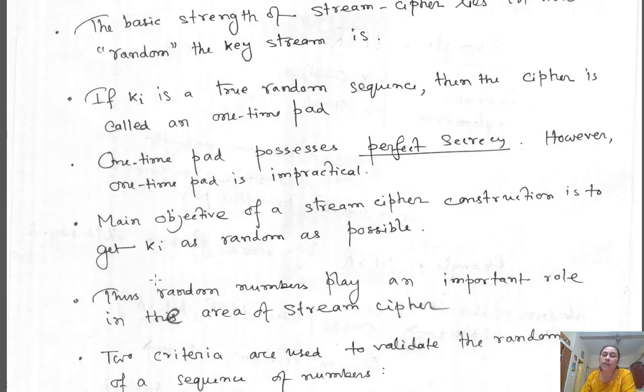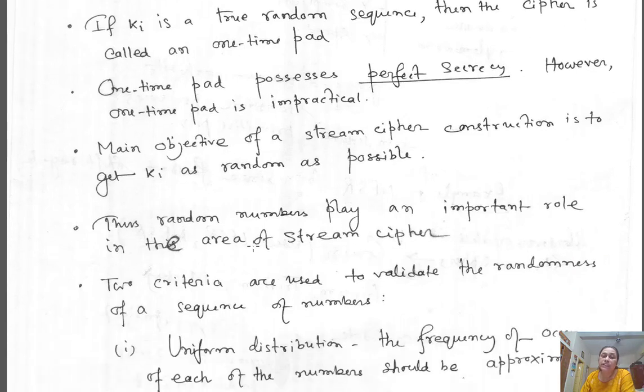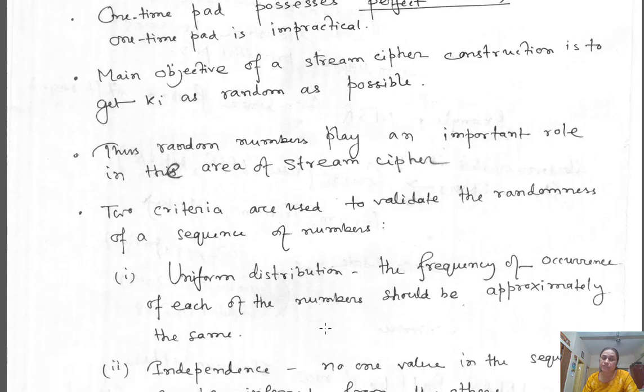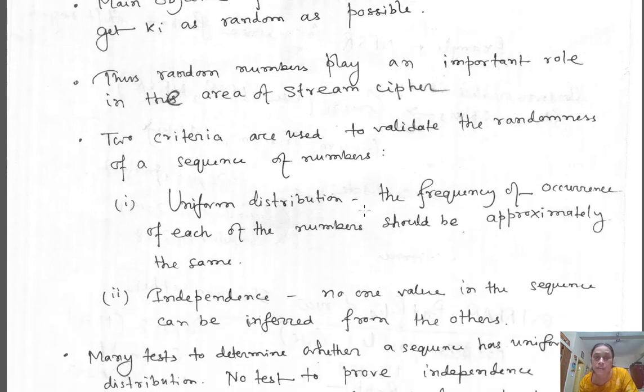So, how to measure randomness of a given sequence of key stream? These random numbers play an important role in the area of stream ciphers. Generally we use two criteria to validate the randomness of a sequence of numbers. First one is uniform distribution and second one is independence.